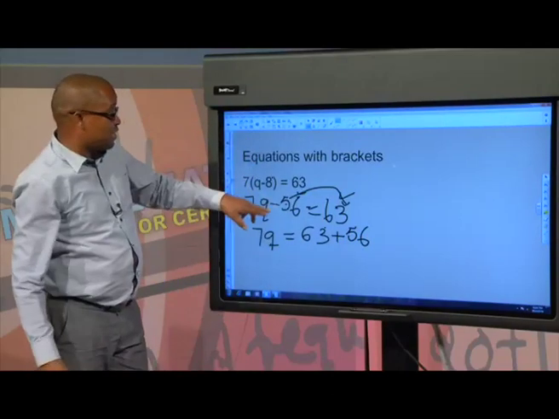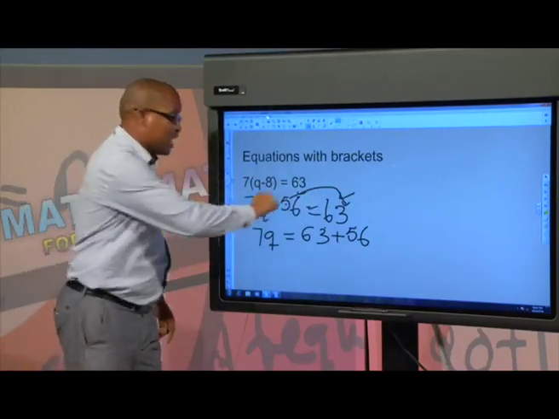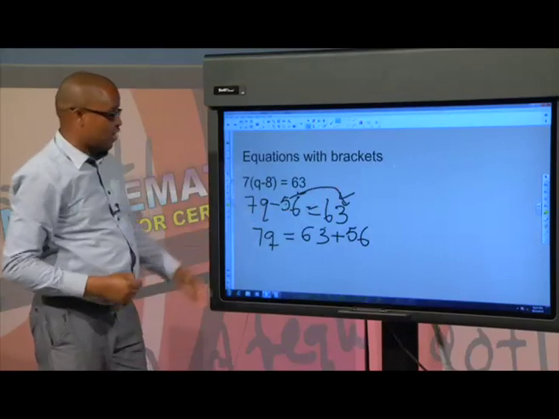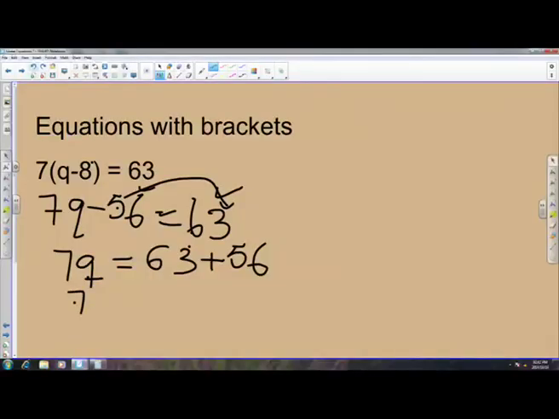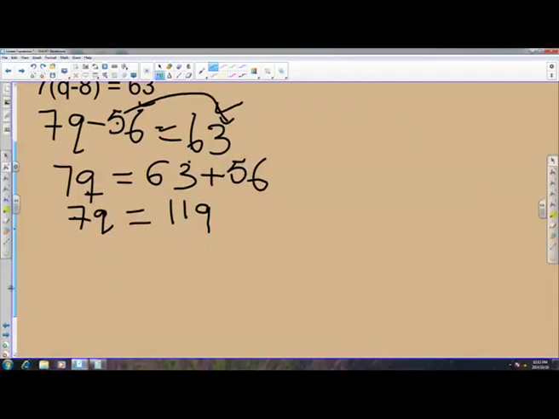Let us remember that the 56 here is negative. As we take it to this side of the equal sign, it becomes positive. That's why it's plus 56. And now 7q equals 119.